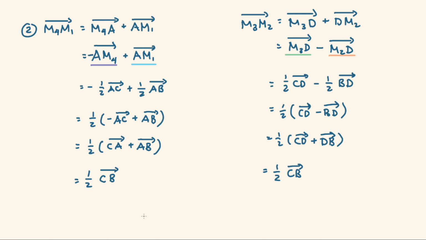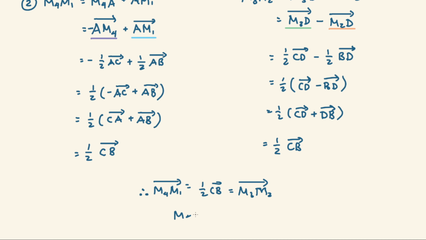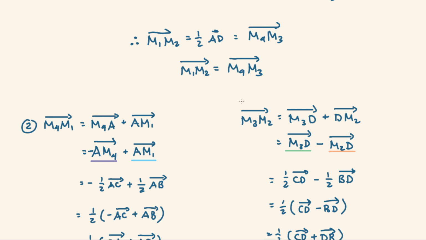Okay, so therefore, M4M1 is equal to 1/2 CB, which is also equal to M3M2. Okay, and so M4M1, in conclusion, has to be equal to M3M2. Okay, and so we can look right on back up at my goal.